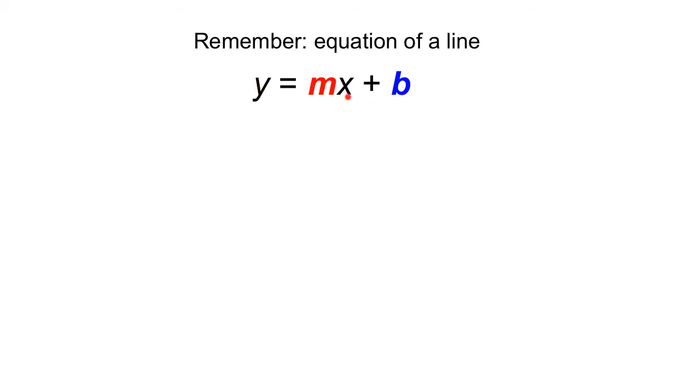So y and x are just your variables, whatever they represent, that's what they are. M is the coefficient in front of x, and b is the constant in the equation. M represents the slope, or the rate of change, and b is the initial amount, or we'll call it the y-intercept, the value where the line intercepts the y-axis.